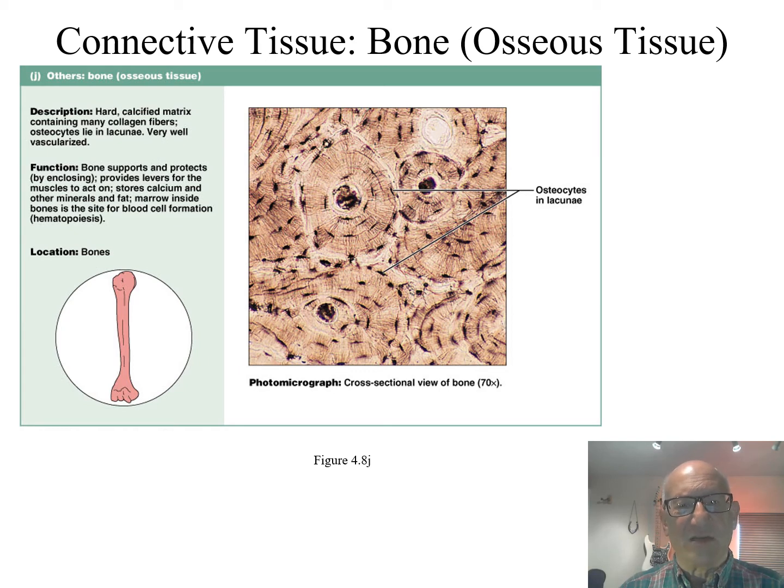So we get this characteristic kind of brown and black look to the slide, instead of pink or purple like most cell slides are, right? So here we see osteocytes that are living in the lacuna. All of these round and oval shaped areas that have a black dot in them are lacuna with osteocytes.